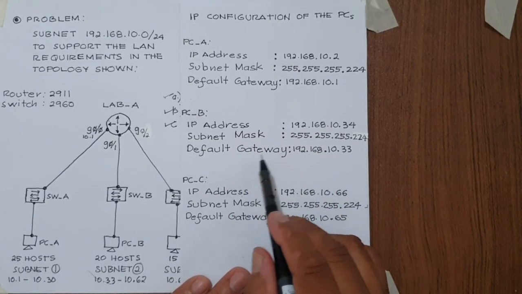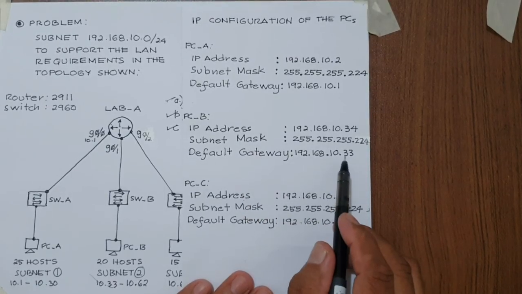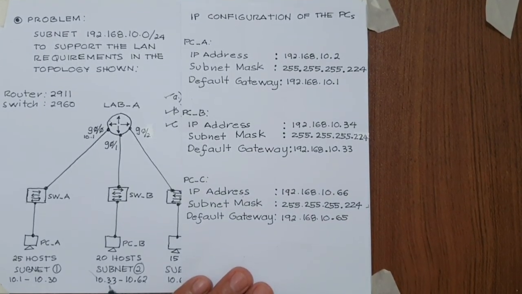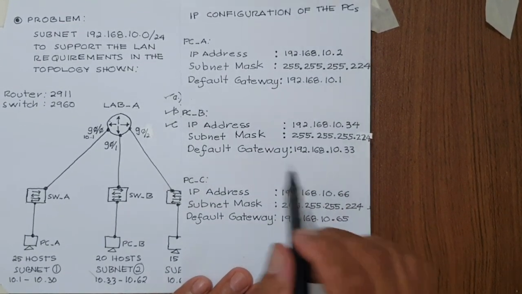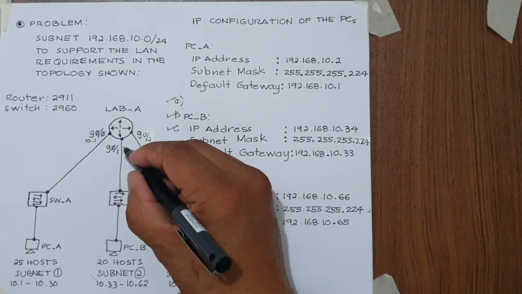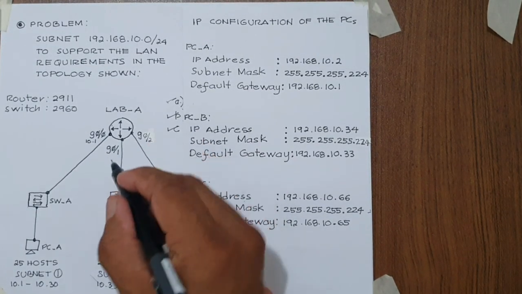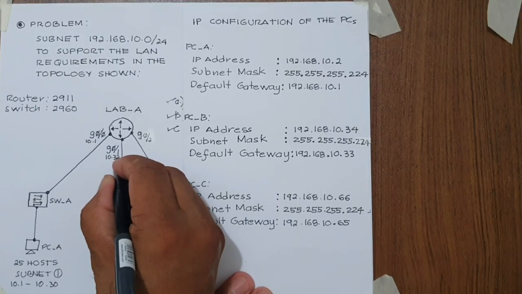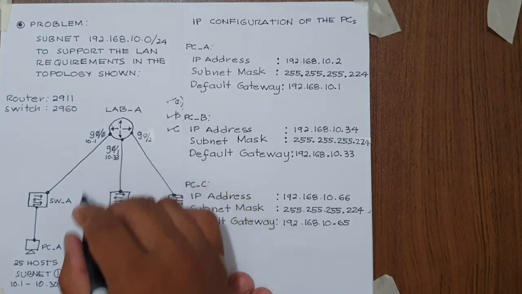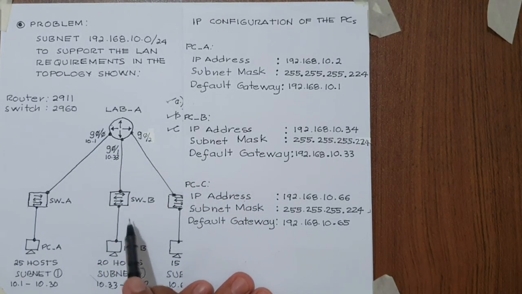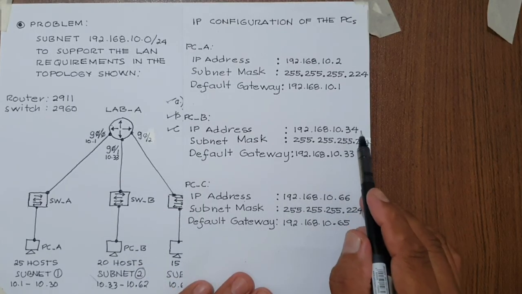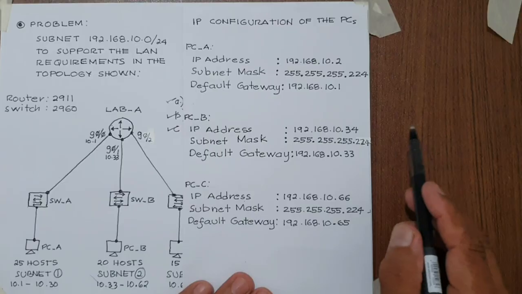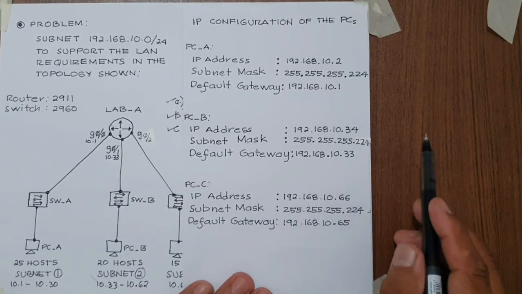And the default gateway for this LAN is actually the first usable for this subnet. So we'll be configuring this interface later, G0/1, with 10.33, which is the default gateway for all the hosts here. So if you have another PC here, its IP address will be 10.35. The next one will be 10.36 and so on.